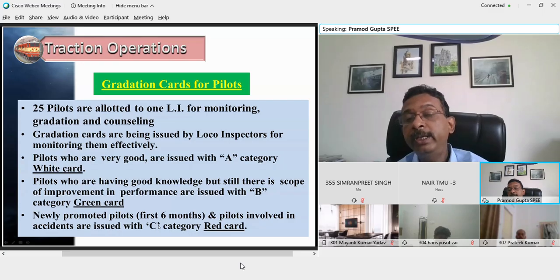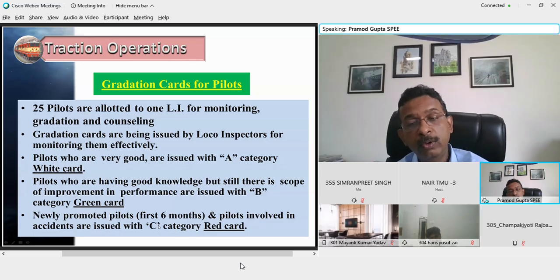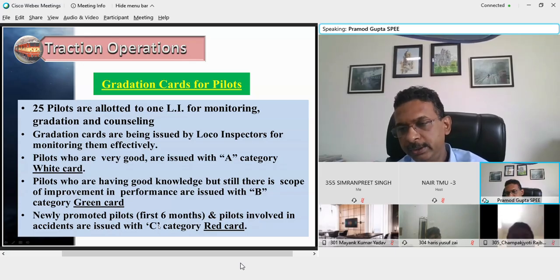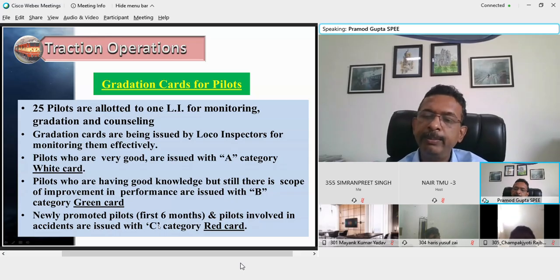But the moment we realize that the loco inspector is biased, that is something which is going to affect the overall safety of the organization. So whenever we get a complaint against the loco inspector and it is proved that he is guilty, then suitable action is taken against him.